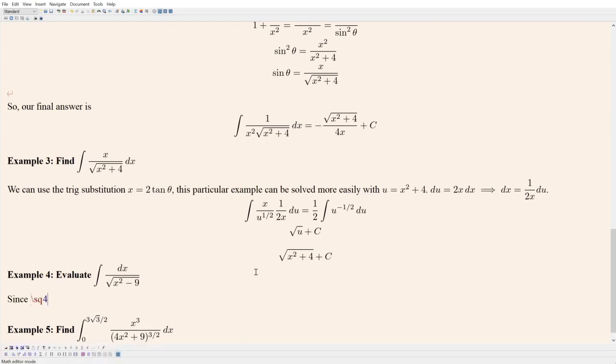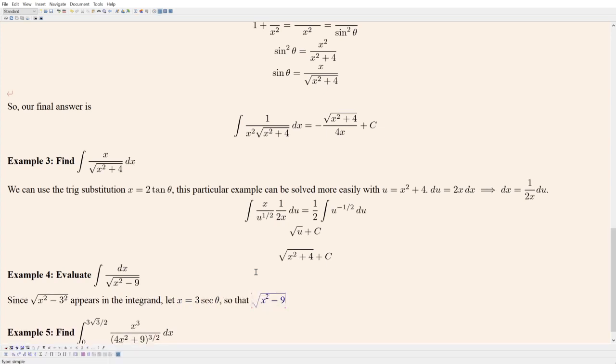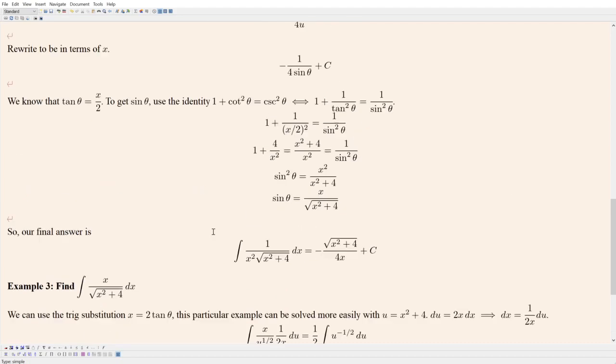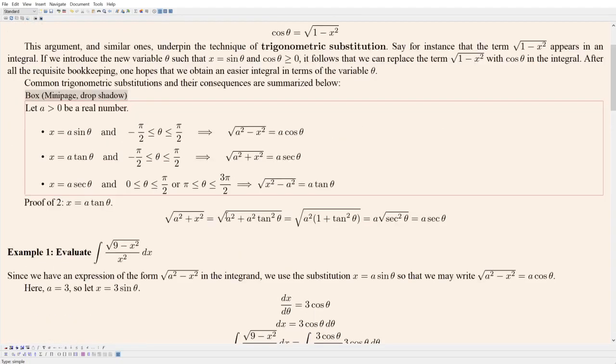So since x squared minus 3 squared appears in the integrand, we do the substitution x equals 3 secant theta, so that this becomes, well, let's see, what does that become?